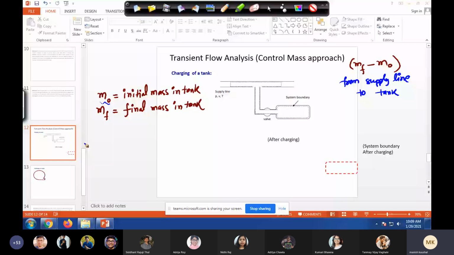We also know how much we have passed from the supply line to the tank. So this is the system boundary before charging. Can you tell me where is M naught and where is MF minus M naught within this system boundary?